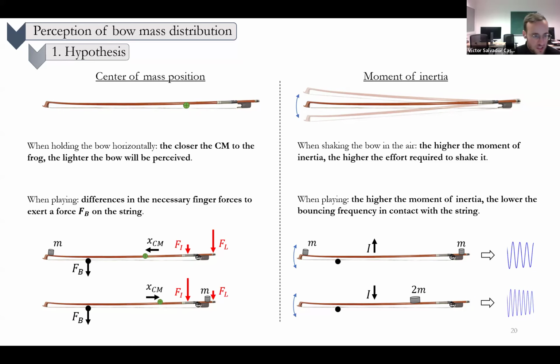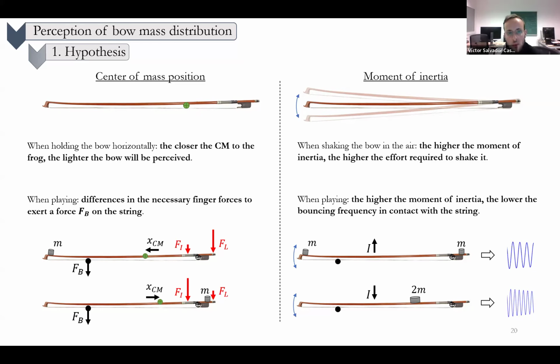So, for example, if we want to exert here at the left a specific force FB at this specific position of the bow, the closer the center of mass to the frog, the higher would be the necessary index finger force to exert this force. So we see that there will be a change in the balance of these 2 finger forces during a horizontal bow stroke.